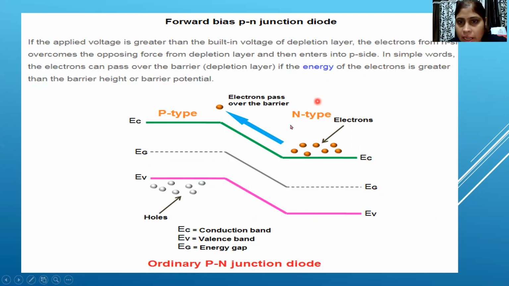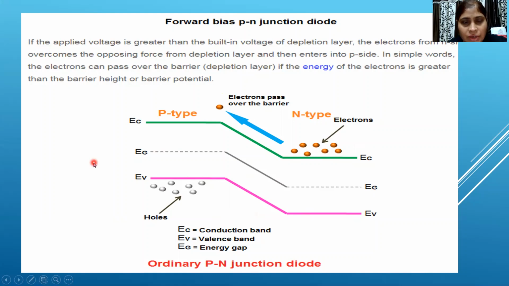At the n-type layer, this is the valence band and this is the conduction band. So EC denotes the energy level of the conduction band, EV denotes the energy level of the valence band, and EG is the energy gap.